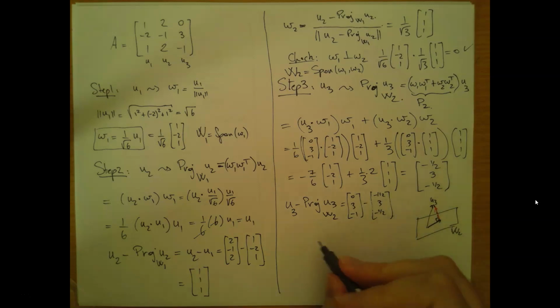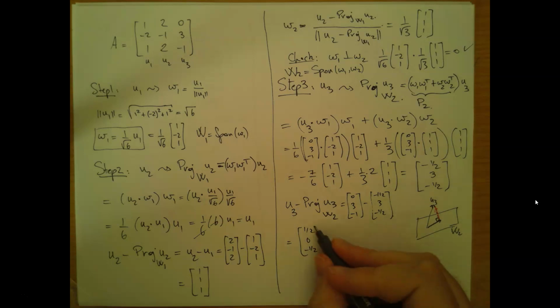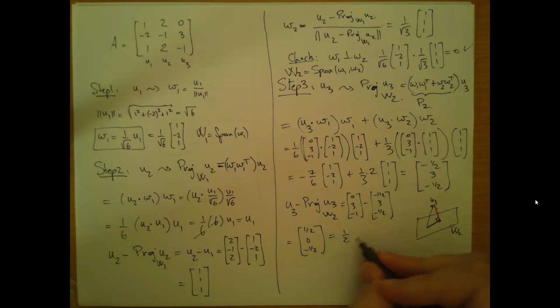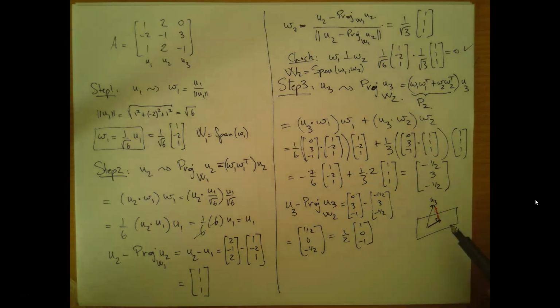So minus minus, you get a half. 3 minus 3 is 0, minus 1, minus minus a half is minus a half. Let's take the half out. It's (1, 0, -1). Alright, so that's this vector here, but it's not normalized.